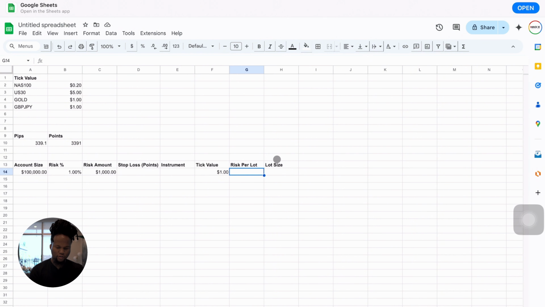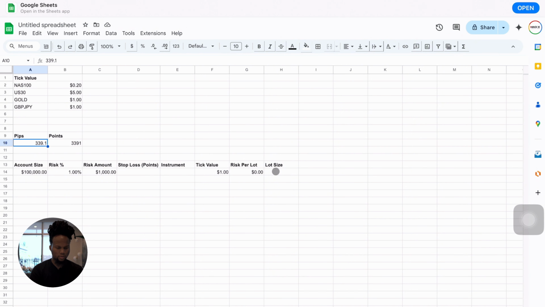So the lot size is going to be basically the, oh yeah, let me get the risk per lot. The risk per lot is going to be the tick value times the stop loss in points, right? So what the risk per lot does is, you see the stop loss area.